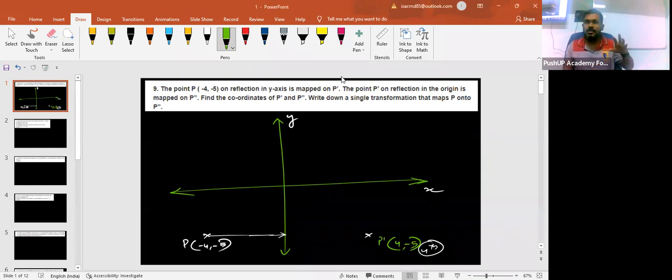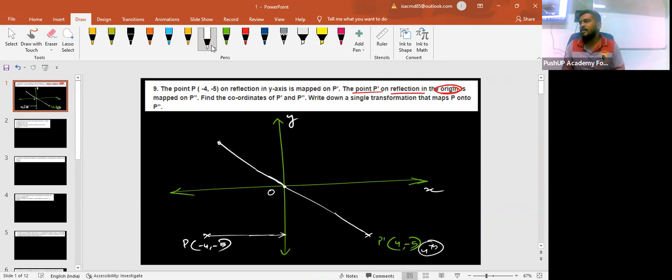Now the question is not yet over. They are asking us to reflect this point P dash again in the origin. So right now point P dash is lying in which quadrant? Fourth quadrant. If it is getting reflected through the origin, it will reach the diagonally opposite quadrant.